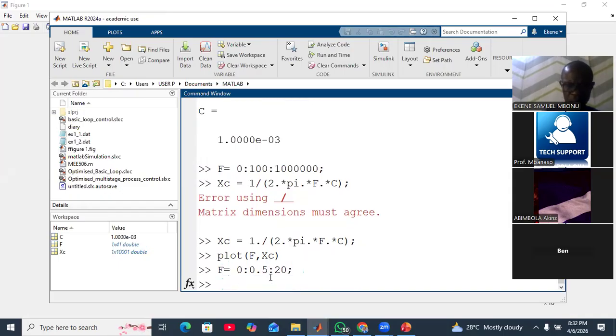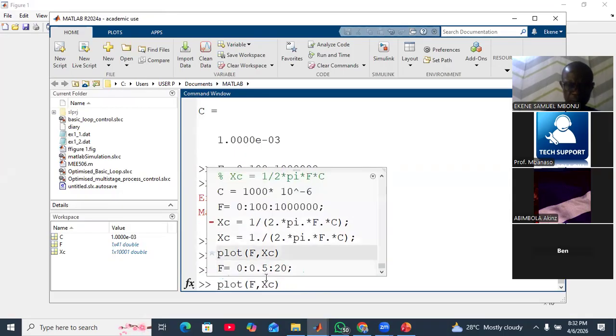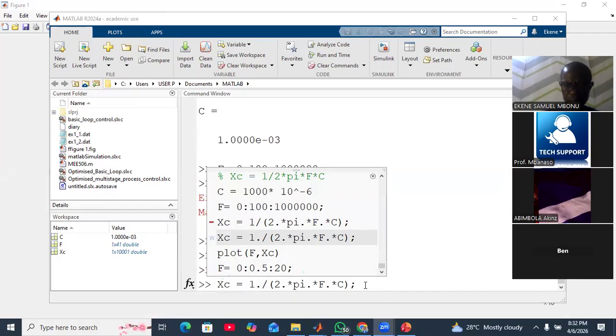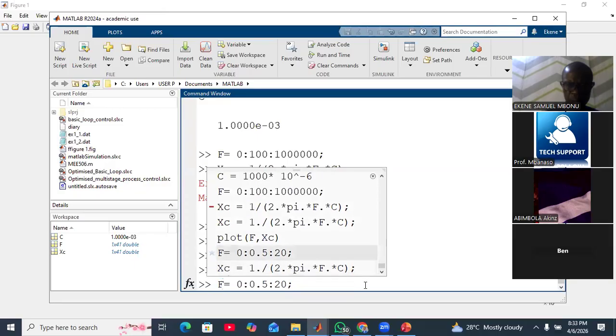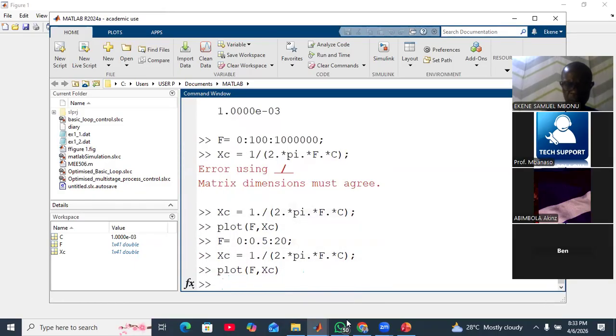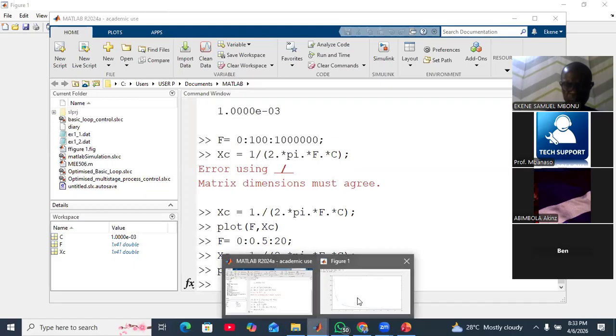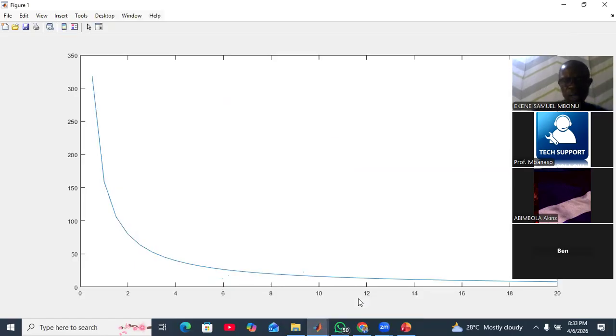So let's see how it will help us. And then this thing is disturbing me. Okay. And we execute this again. Let's see whether it will. Good.